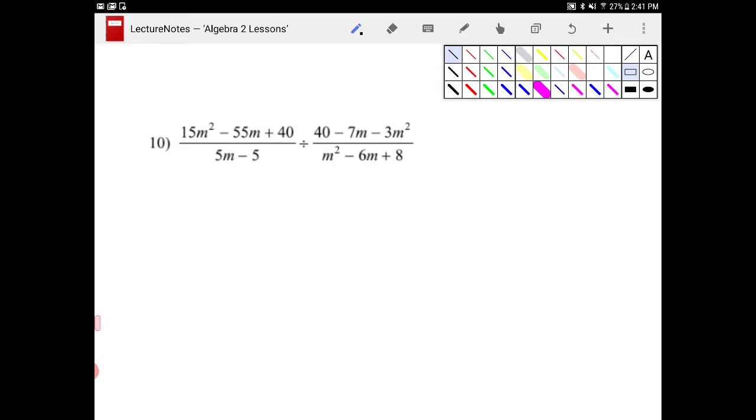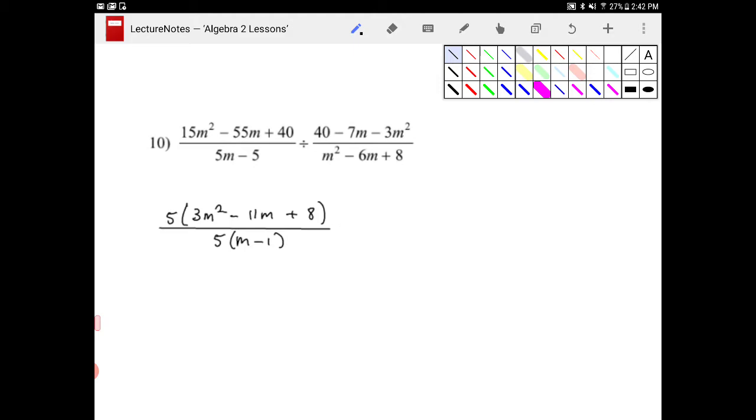If I have 15m squared minus 55m plus 40, I immediately see that I can factor certain things out. This is really the same thing as 5 times 3m squared minus 11m plus 8, all divided by 5 times m minus 1.